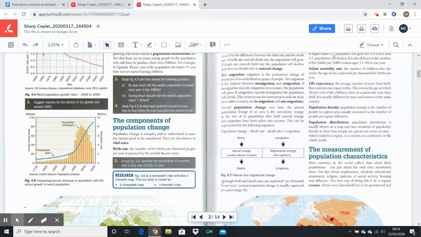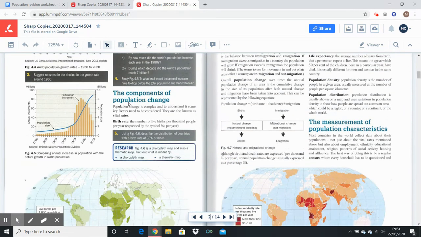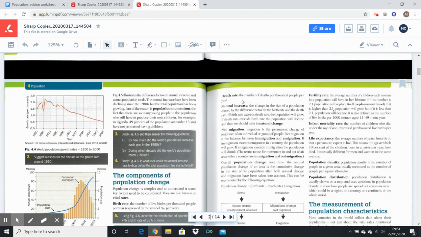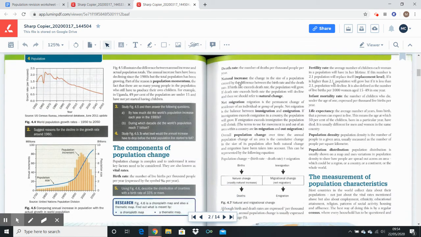We then have to look at how we measure this. So how do we look at the components of population change? Birth rate is the number of births per 1,000 per year, and a lot of these things are per 1,000 per year, presented as per mille per year. You've got death rate, which is the same. Natural increase, because it's natural, is the difference between birth rate and death rate.